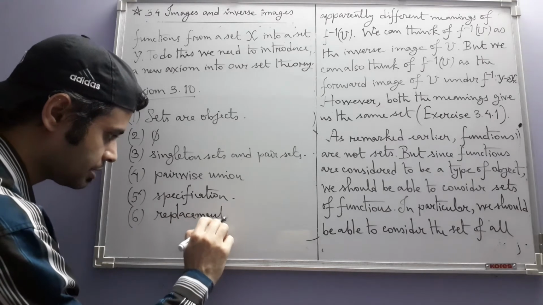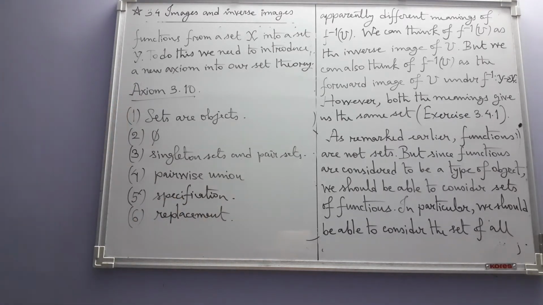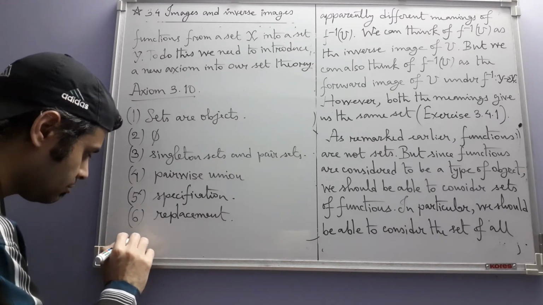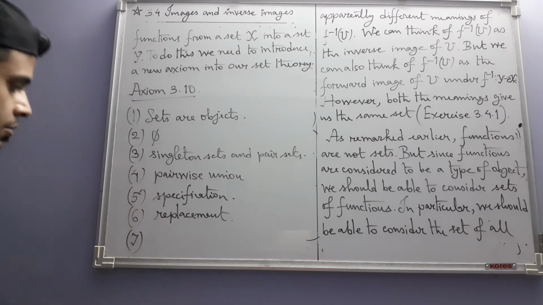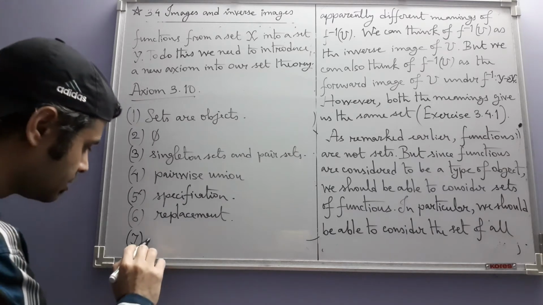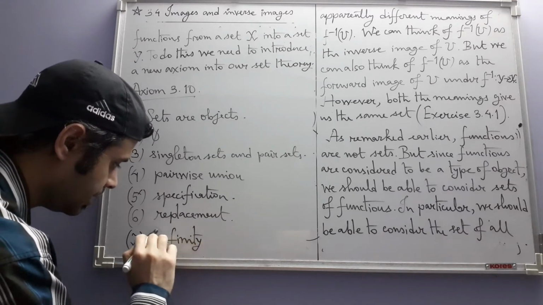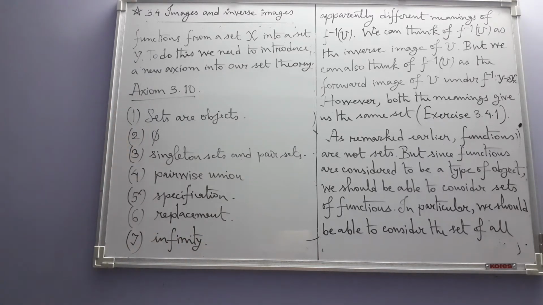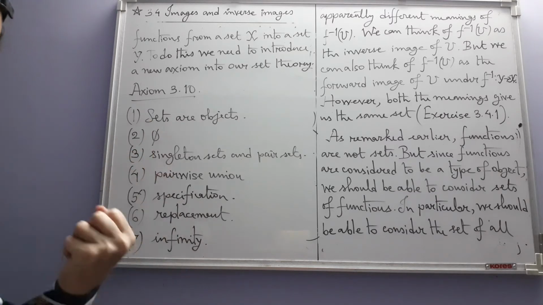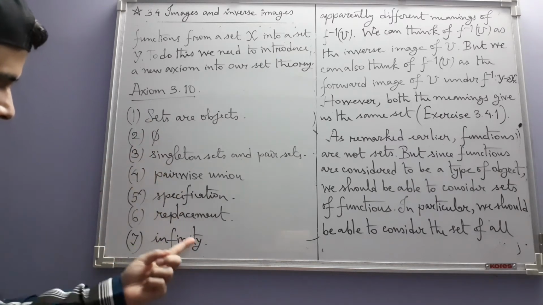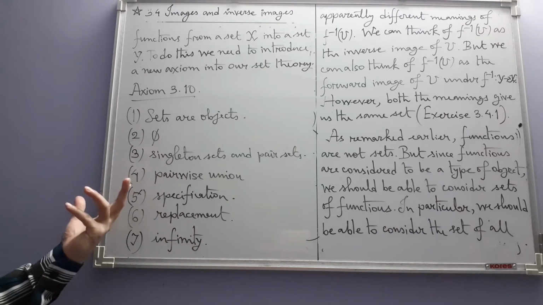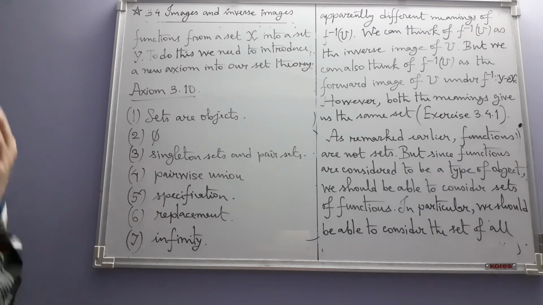The sixth axiom is the axiom of replacement. We can replace the elements of a set with some other objects. The seventh axiom is the axiom of infinity. It ensures that there is an infinite set, and this axiom actually contains in itself all the Peano axioms, and it contains in itself the system of natural numbers.